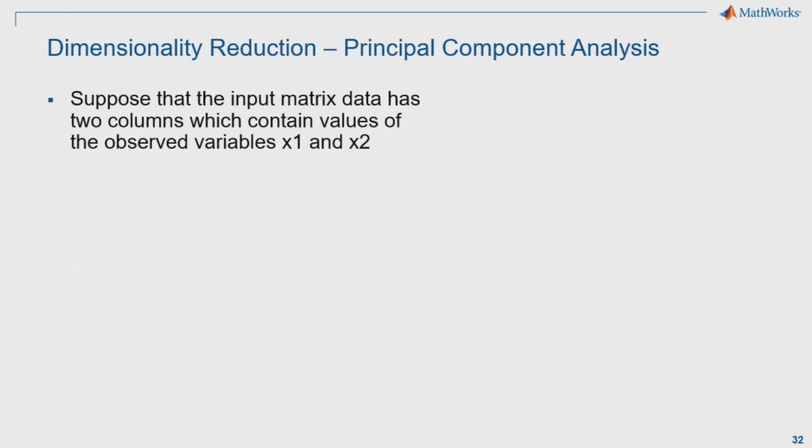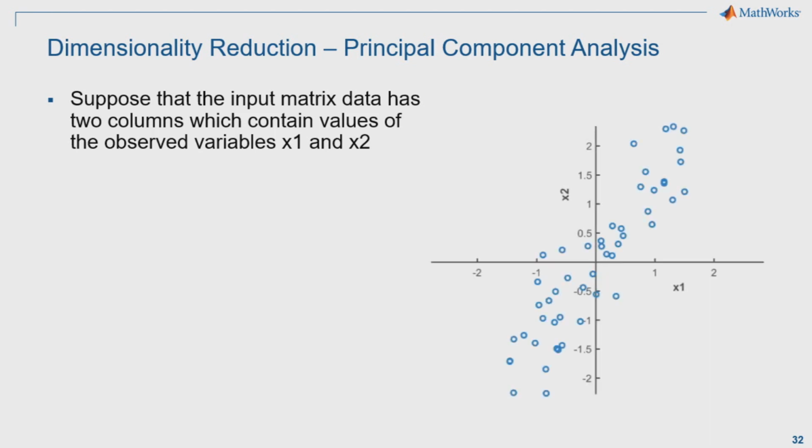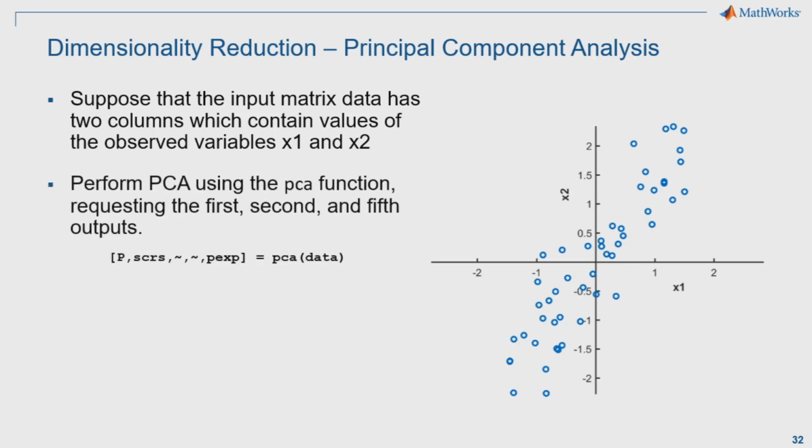So suppose that your input matrix has two columns which contain the values of the observed variables x1 and x2, so we have N points, but we have just two features, two observational variables, two attributes that are depicted in this Cartesian plot. So performing the PCA can give us the following information.